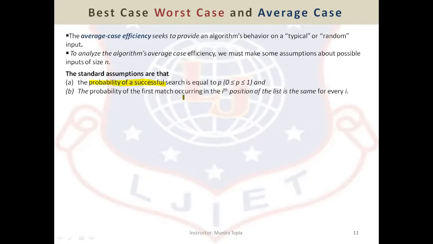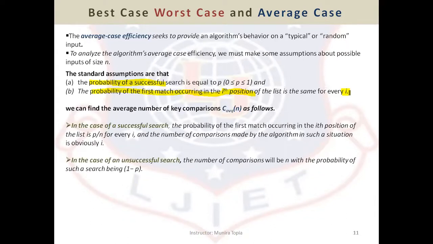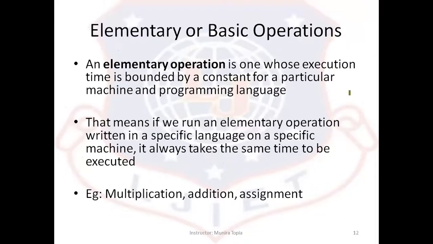Since this is a random input and we have to be very fair, we are assuming that the probability of matching the first element at the ith position is the same. That means there is a fair chance of each position matching the key. Successful search has probability P and unsuccessful search has probability 1 minus P.